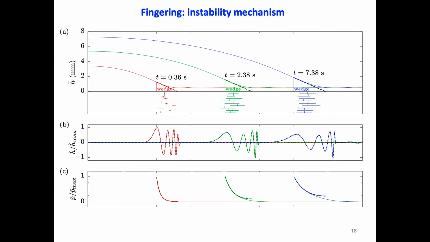So here, I'm just showing you the results of the axisymmetric simulation for one set of parameters in our cell, and for 3 different instances in time. What you're looking at is the sheet deformation, as well as the corresponding position of the interface.